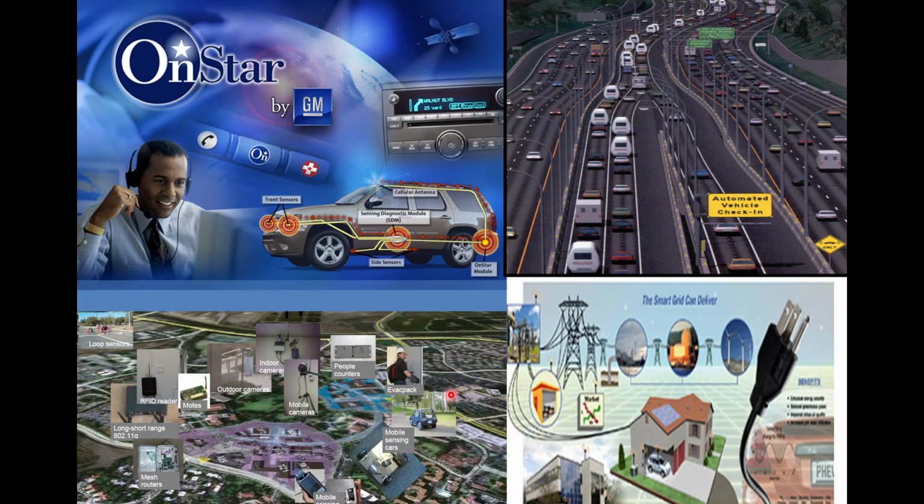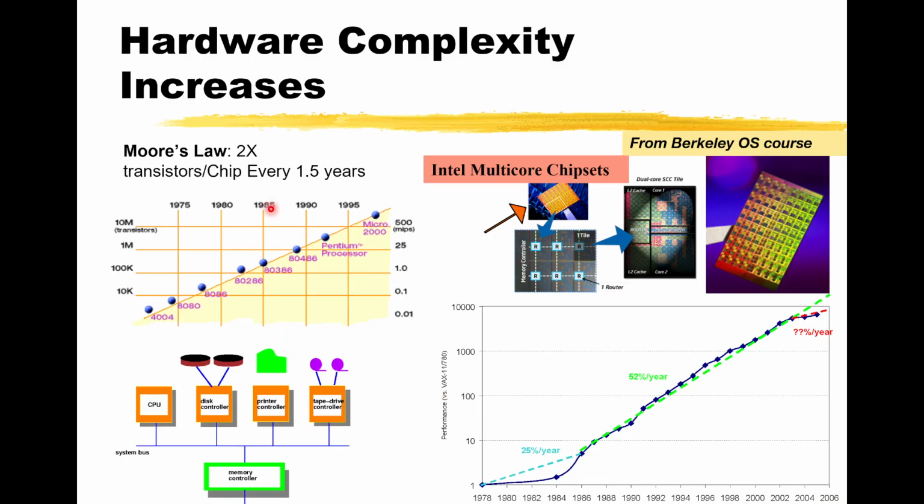All right. So hardware has increased so much over the years. Moore's law said that transistors will double every 1.5 years, so the number of transistors in a chip increases twice every 1.5 years.